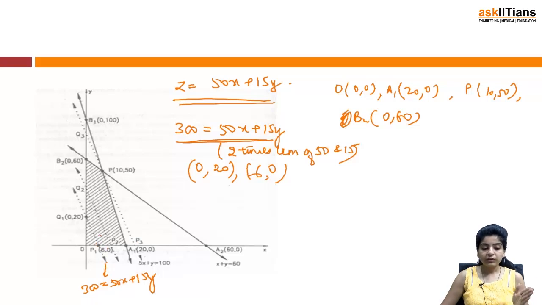Now we will move this line parallel to itself in increasing order, that is away from the origin. We obtain the line P2, Q2, and I can see that this is also not the line farthest from the origin, and therefore this is not the required line.